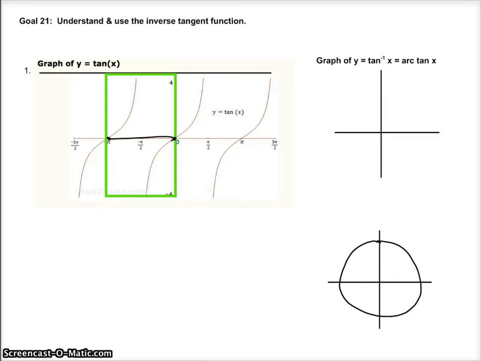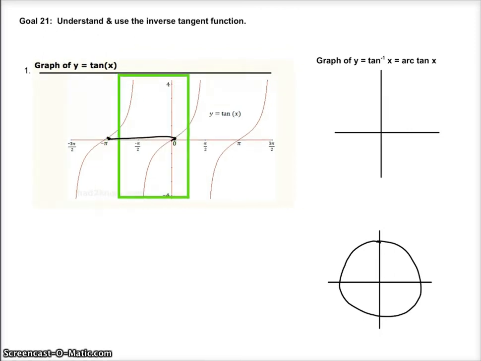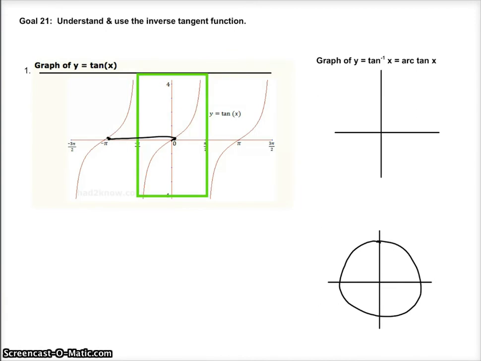But if we continue to slide, we're at -pi over 2 to pi over 2, it's 1-to-1, and we can continue that fashion. So the restricted domain for tangent of x is -pi over 2 to pi over 2.